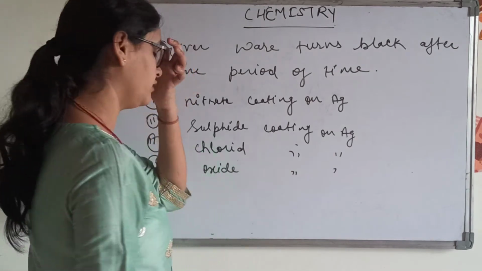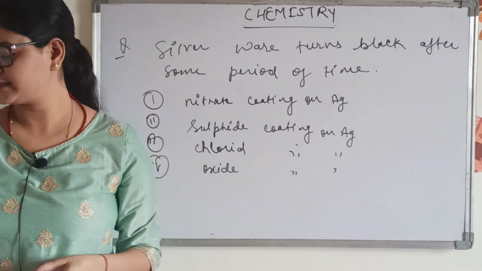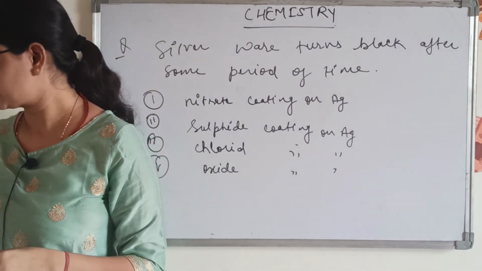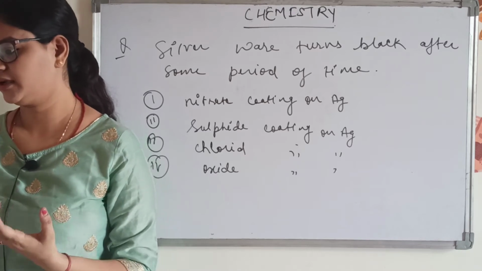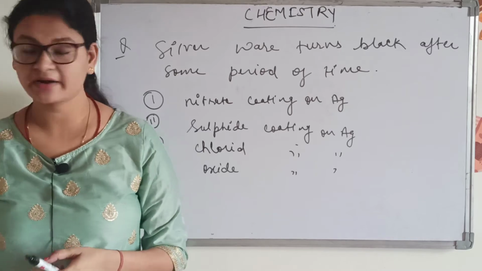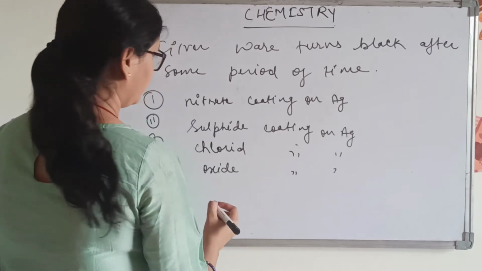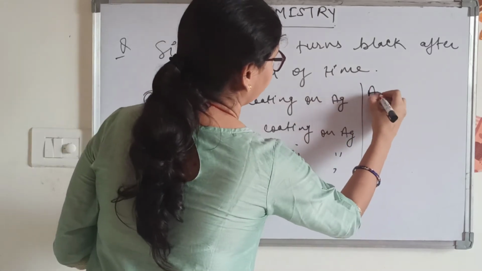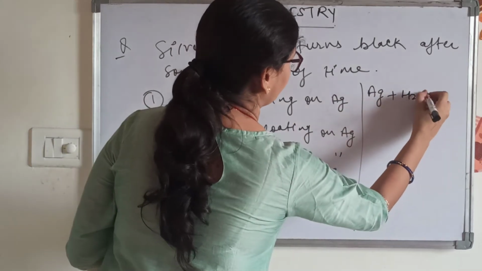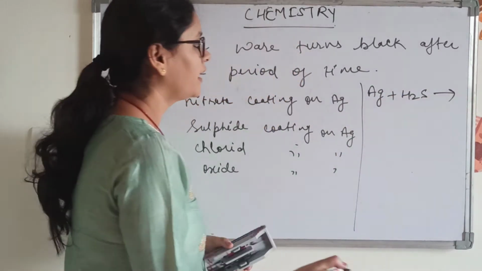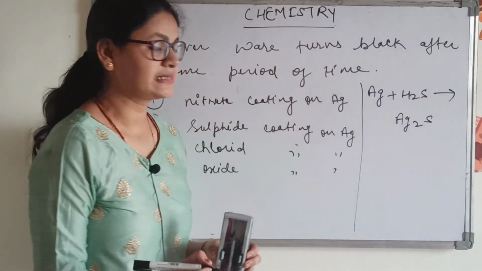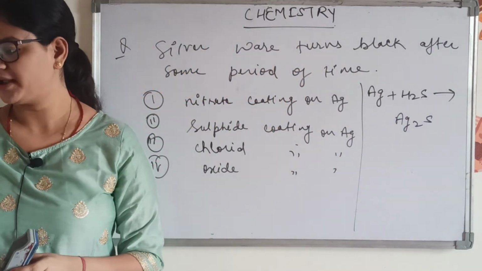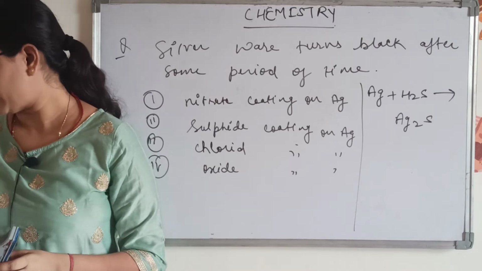Now what happens, whenever silver is exposed in air, it will react with H2S. Understood? And it will form Ag2S, silver sulfide, and H2.